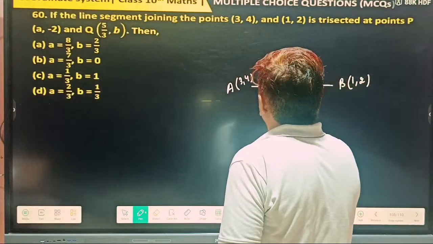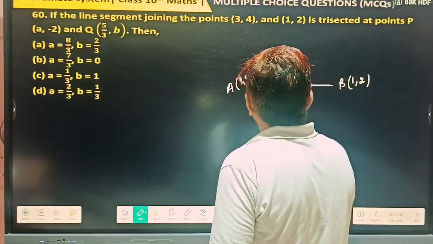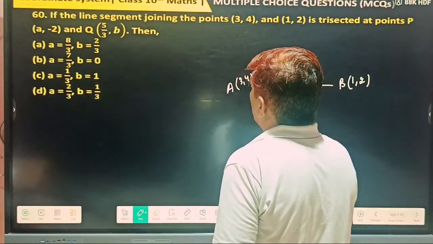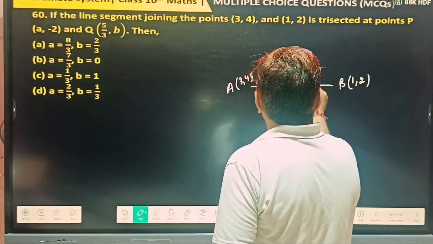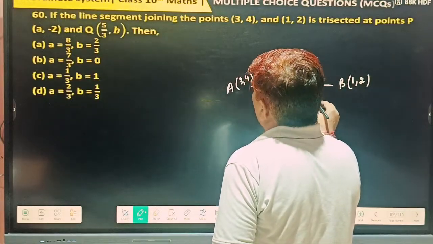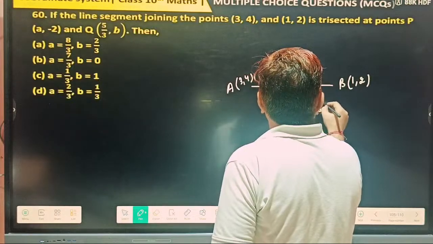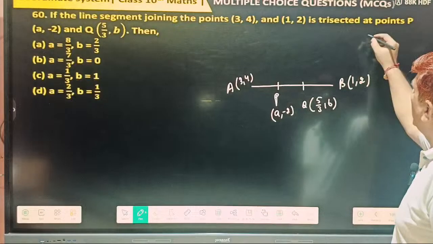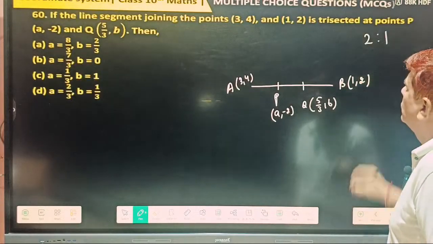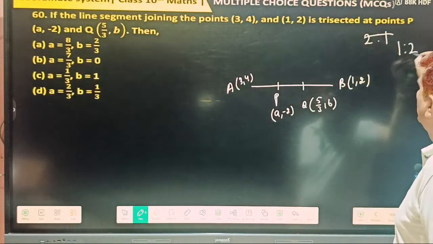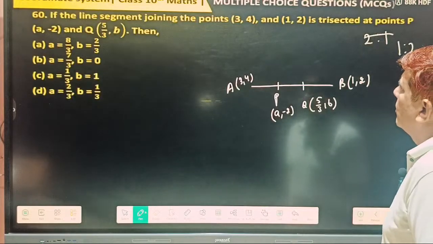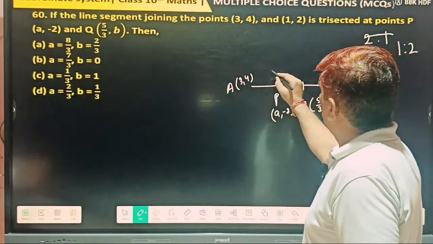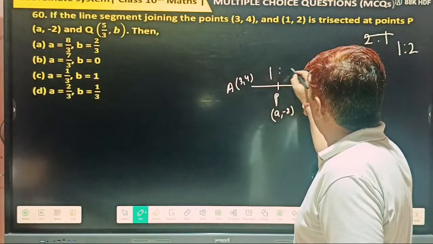This is the point P whose coordinates are (a, minus 2), and Q whose coordinates are (5 by 3, b). So P divides this in the ratio 1 to 2.